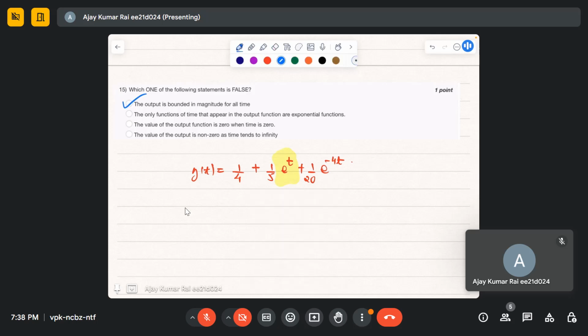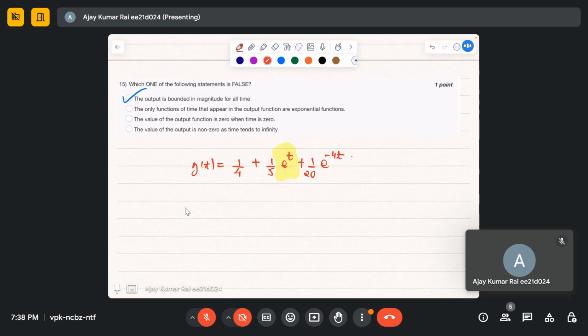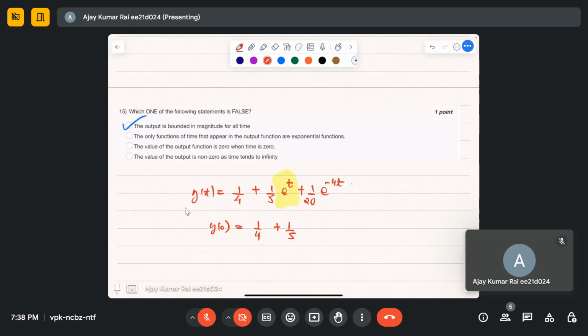Okay. Let me check the second. The only functions of time that appear in the output function are exponential functions. Correct? Because if you see e to the t and e to the minus 4t, both are exponential functions and they are functions of time, right? So the second statement is true. The value of output function is 0 when time is 0. Okay, so let's find out. If you put t equal to 0, I think somewhere there was a minus here.